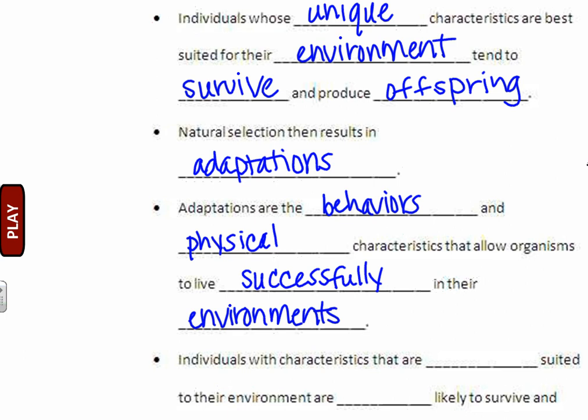So the difference between natural selection and adaptation is that natural selection is that process that an organism goes through to gain the adaptation, which is the behavior or physical characteristic that actually allows that organism to live successfully in their environment. So let's have a hypothetical situation.